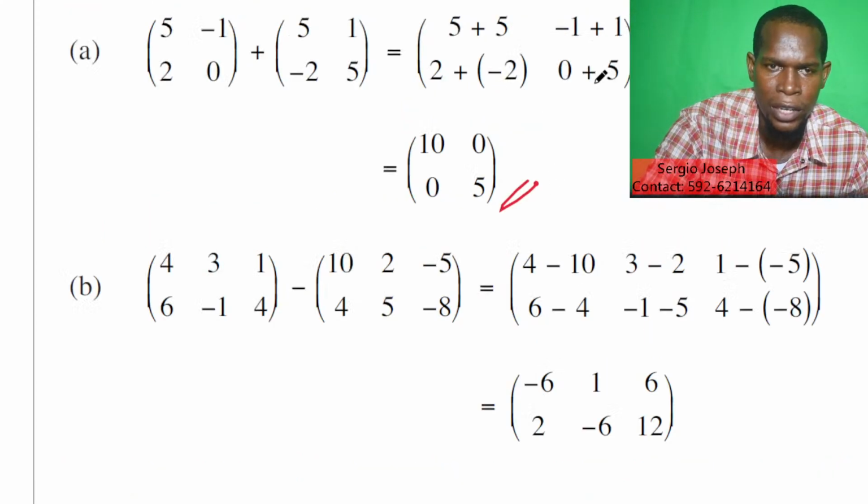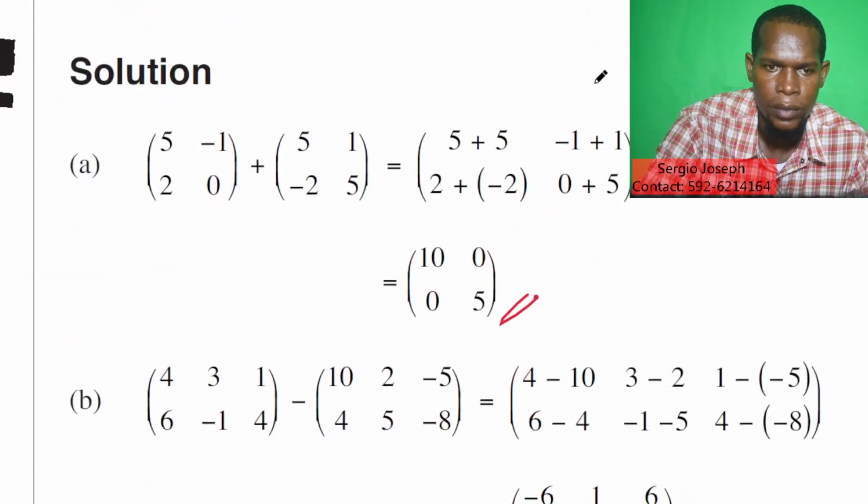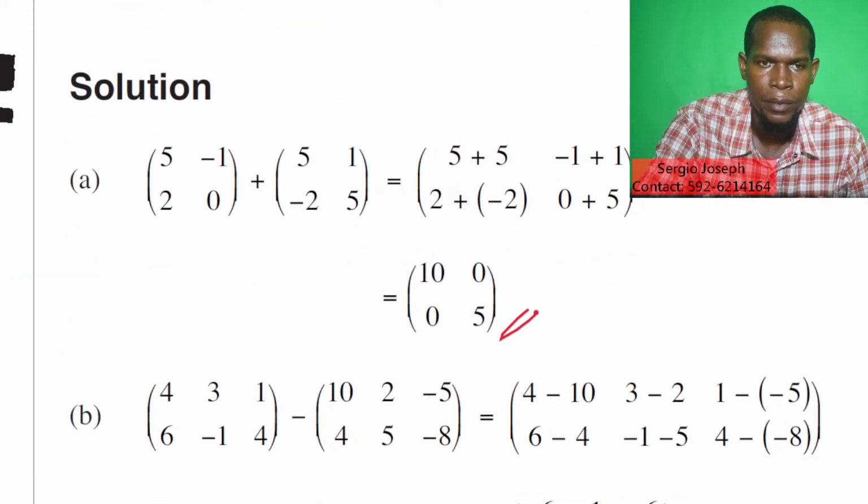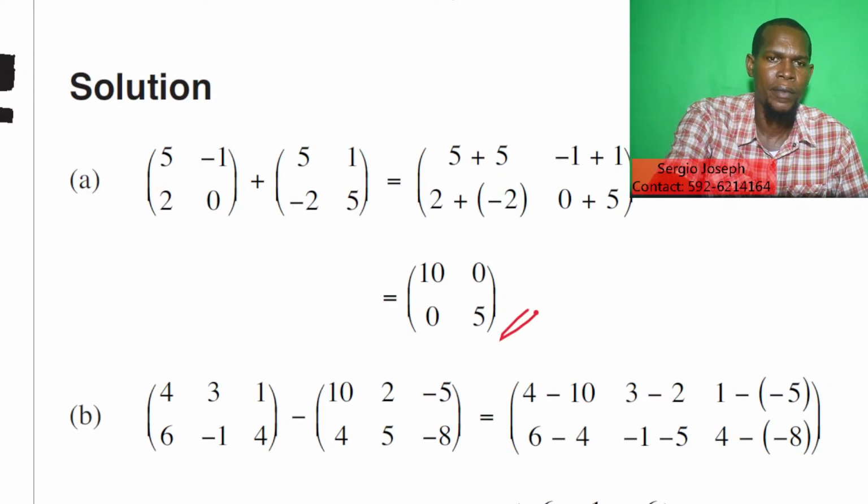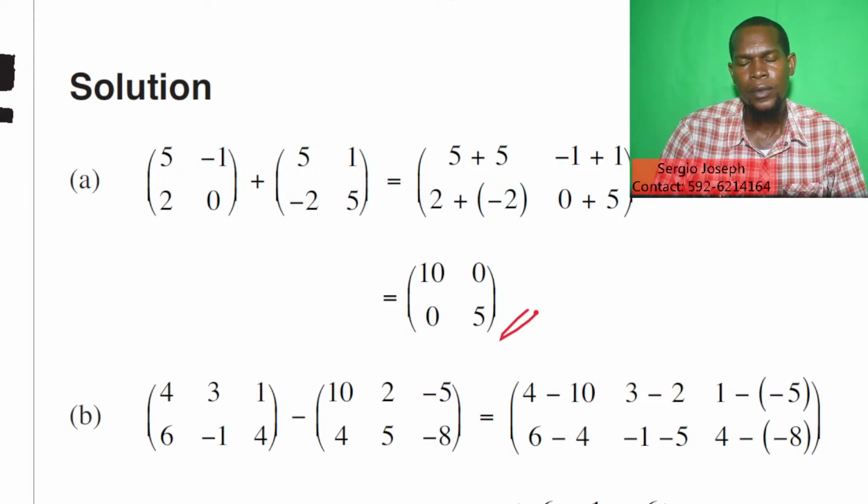Let's look at some subtraction. Try this one here for me. We have a 2 by 3. They are subtracting each other, and so therefore you have to subtract element by corresponding element.